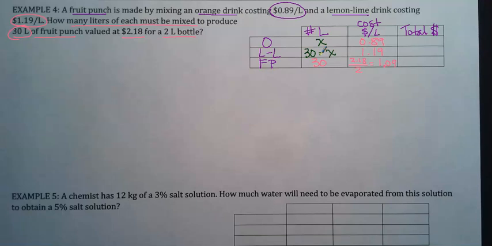Okay, so then again, just like we talked about, we're taking our number of liters times the cost, and that is going to equal our total. So for our orange, this is going to be 0.89x.